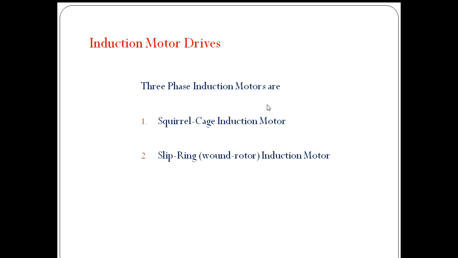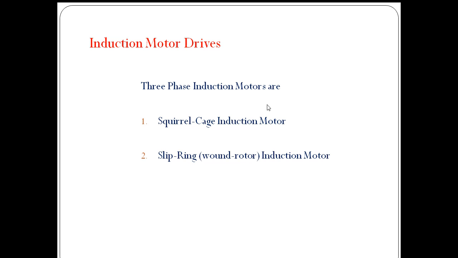The main advantages are rugged construction, lower maintenance cost, higher reliability, higher efficiency, and these motors can operate in dirty and explosive environments. Compared to DC drives, the cost is also low, and they are less in weight, volume and inertia.